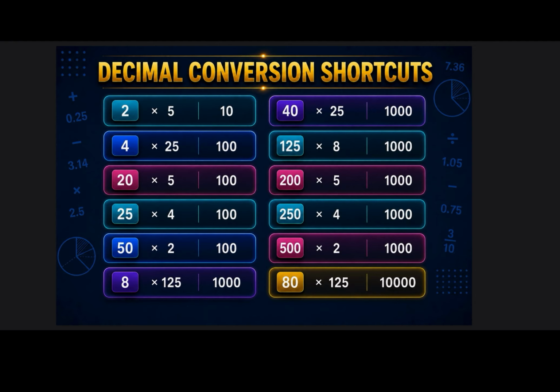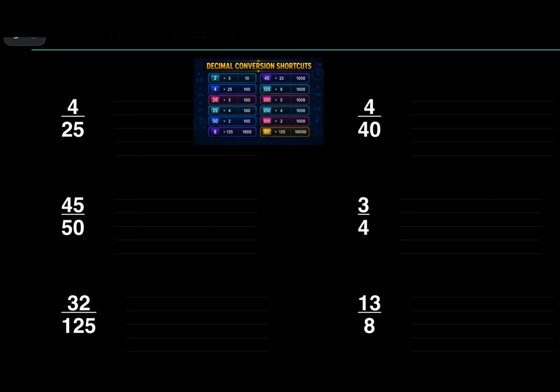So what have I written here? I have given combinations which will give me the denominator as 10 or 100 or 1000 or 10,000. The combinations which will give us this. Now let me tell you why I'm showing you this. We have to convert these into decimals.